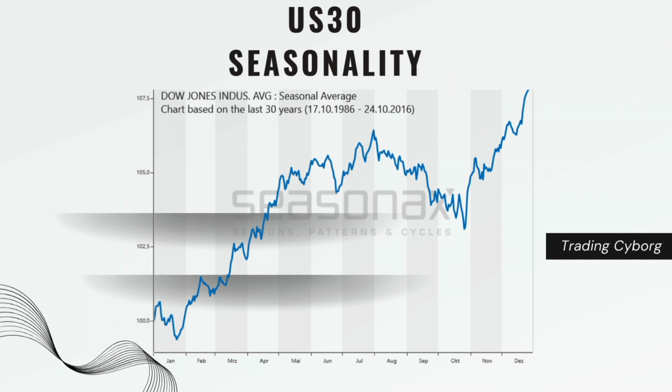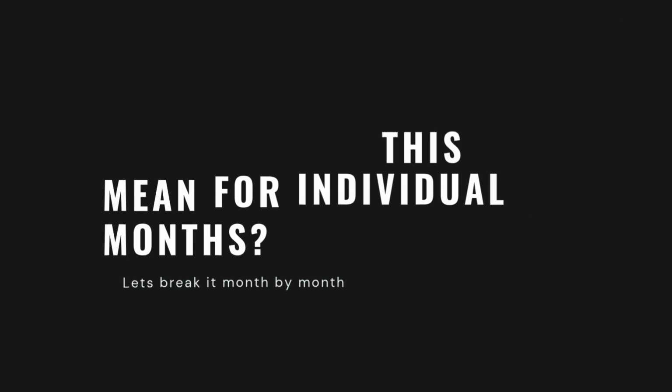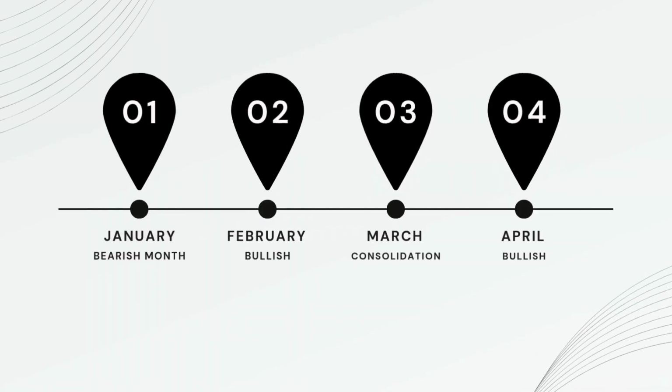So this means price in US30 will decline or will be consolidating up to around October, and from October we'll start seeing a bullish trend again. All right, so that is that. If you need to pause and look at it again, the better.